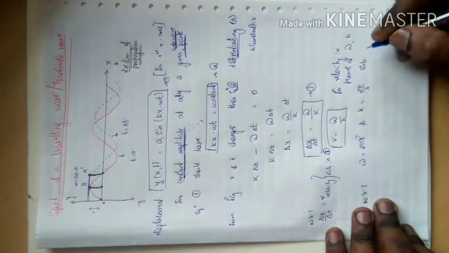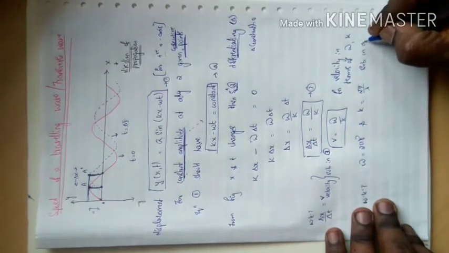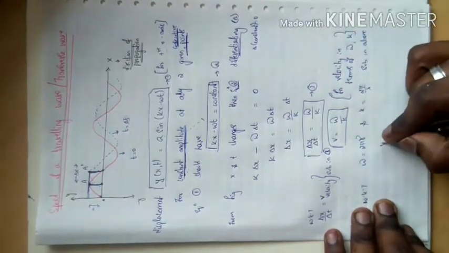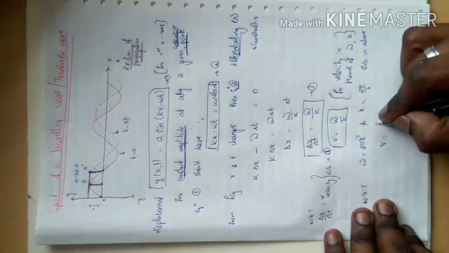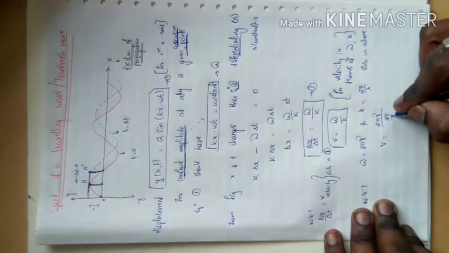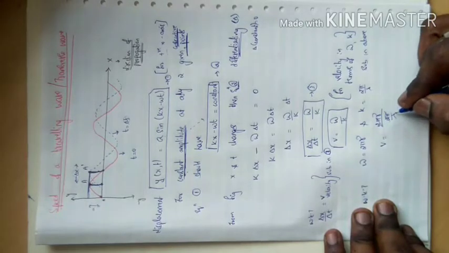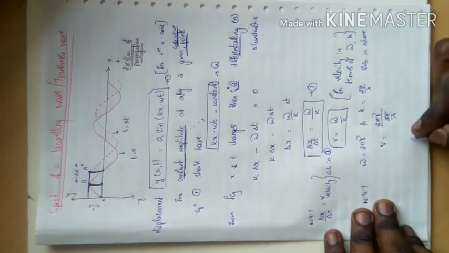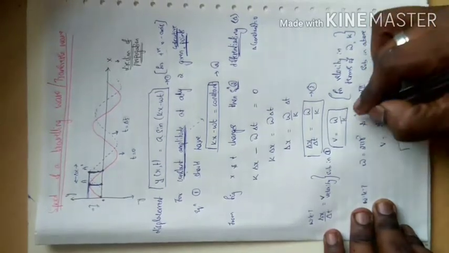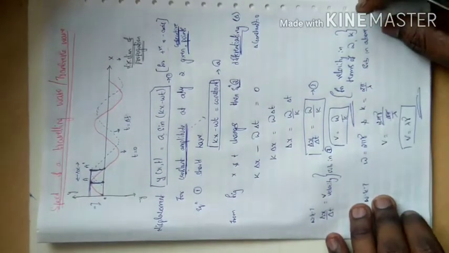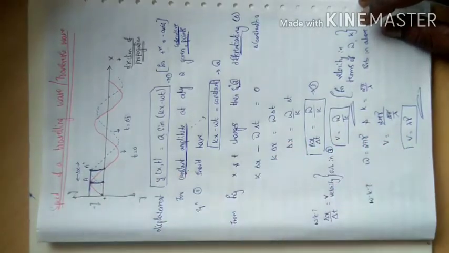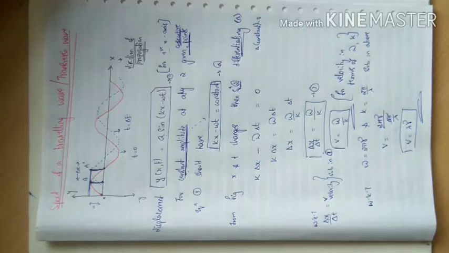We substitute in the above: in place of omega I substitute 2 pi nu, and in place of k I substitute 2 pi by lambda. 2 pi gets cancelled, the denominator of the denominator goes to the numerator. Then it is lambda into nu. This is the expression, and I already derived this in the last volume by a simple method. This is with respect to a transverse wave or a traveling wave.